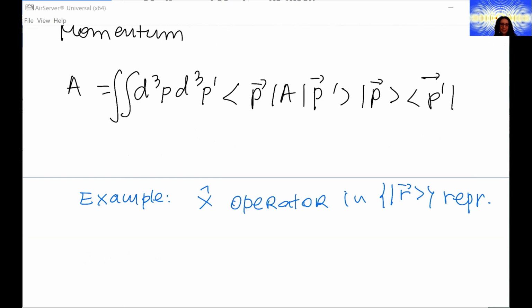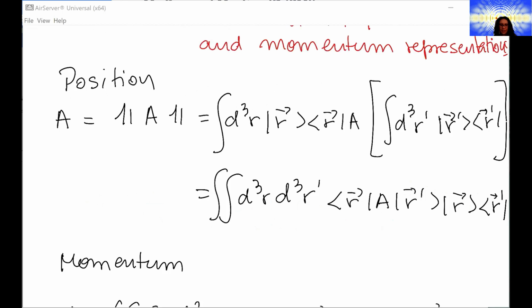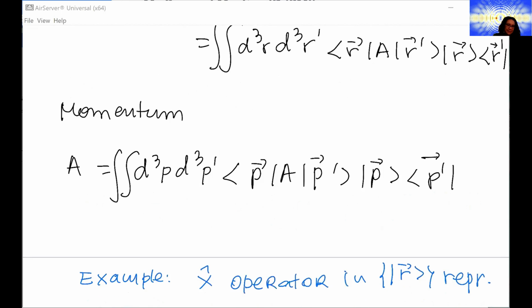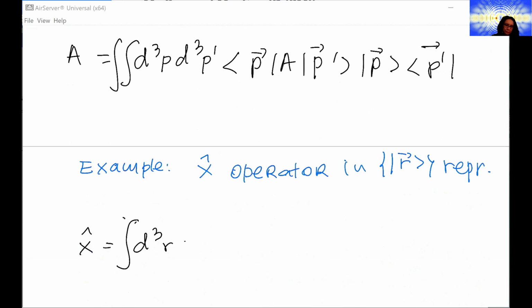Okay, so let's do that. I'm going to use then this formula here. So I have that X is going to be, putting identity operators from left and the right, the integral d3r' |r'><r'| X |r'><r'|.